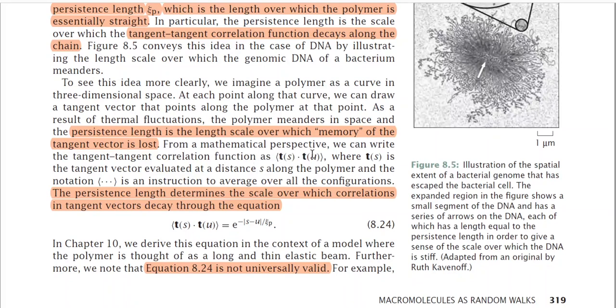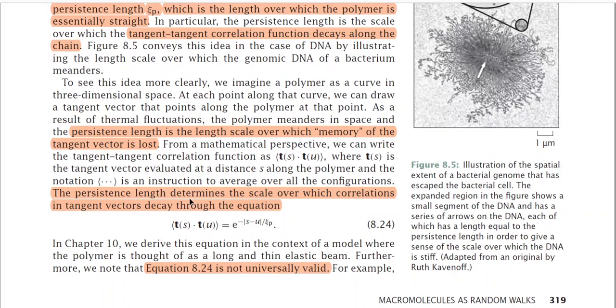From a mathematical perspective, we can write the tangent correlation function as <T(s) · T(u)>, where T(s) is the tangent vector evaluated at a distance s along the polymer, and this bracket notation is an instruction to average over all the configurations. So T(s) and T(u) correspond to two different tangent vectors for the arc lengths s and u.